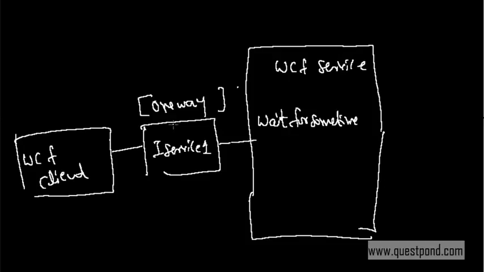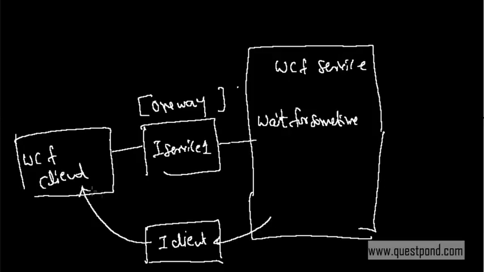Now for duplex contract, we have to create one more interface. You can give whatever name you want. I'll give the name iClient. This interface will be used by the WCF server to communicate back to the client to say that it has finished its processing.